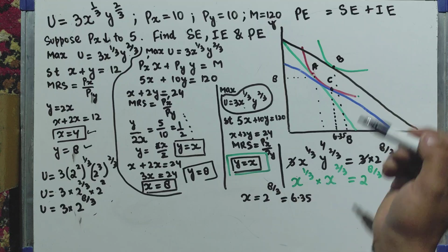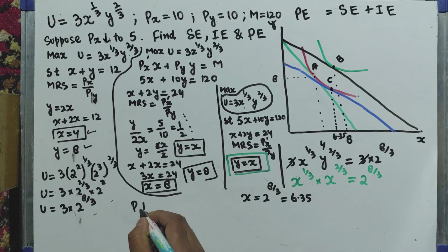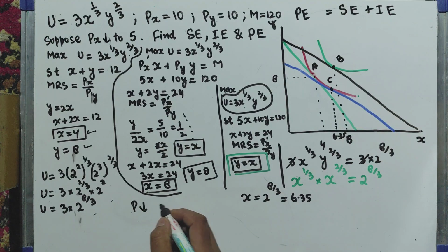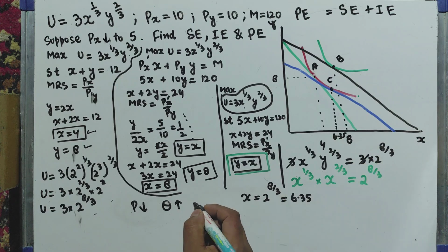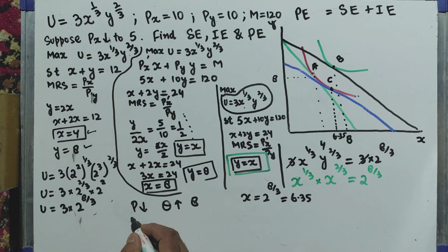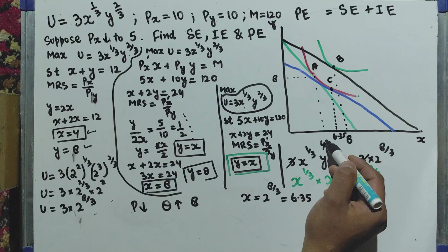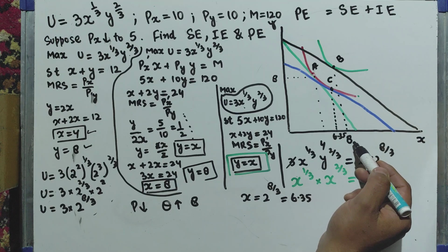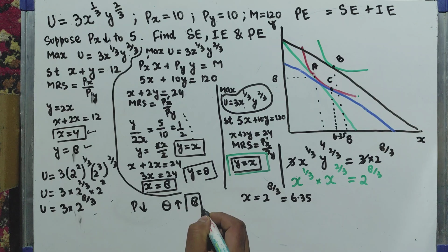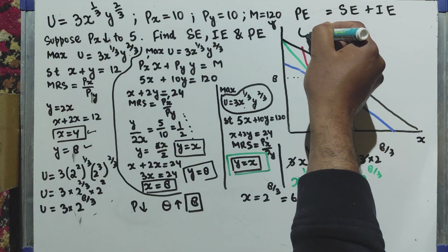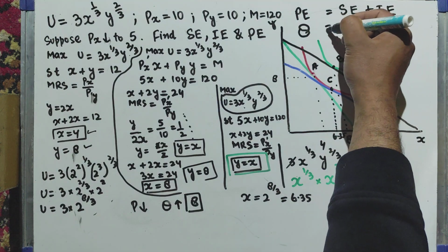Now when the price of good X has decreased, quantity demanded of good X has increased to 8. So initially the quantity was 4. When price decreased, quantity demanded is equal to 8. This is our total price effect. And what is the substitution effect?